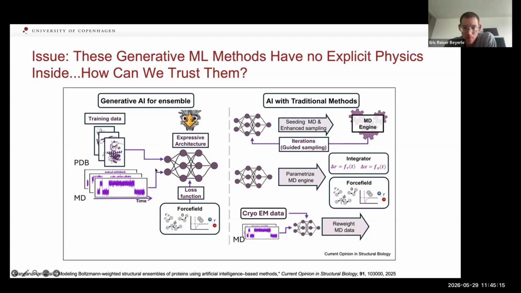And so one way we can do that is you have these outputs from the neural network, and in this case, it says being used to parameterize an MD engine. This is what we used in the paper that I'll talk about shortly. I said the title of the talk has the phrase Langevin prior in it.